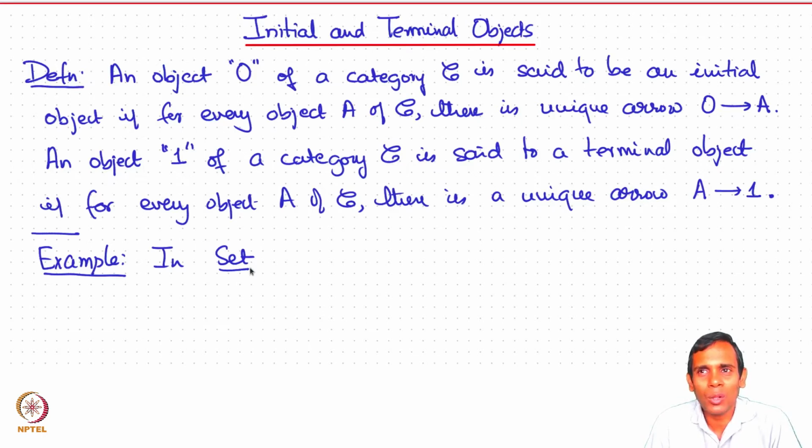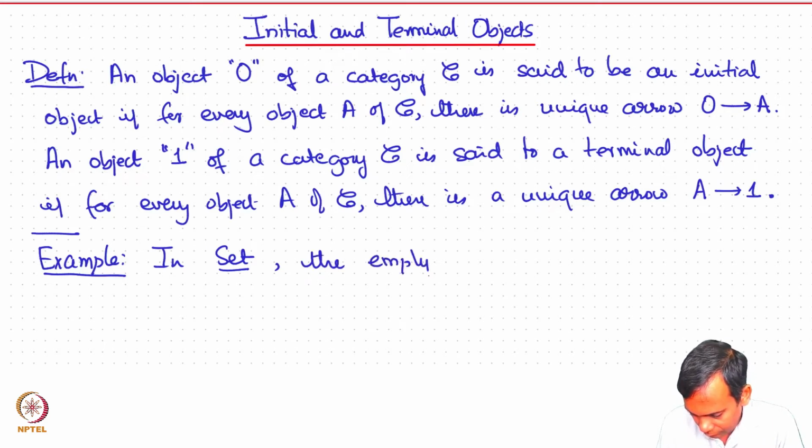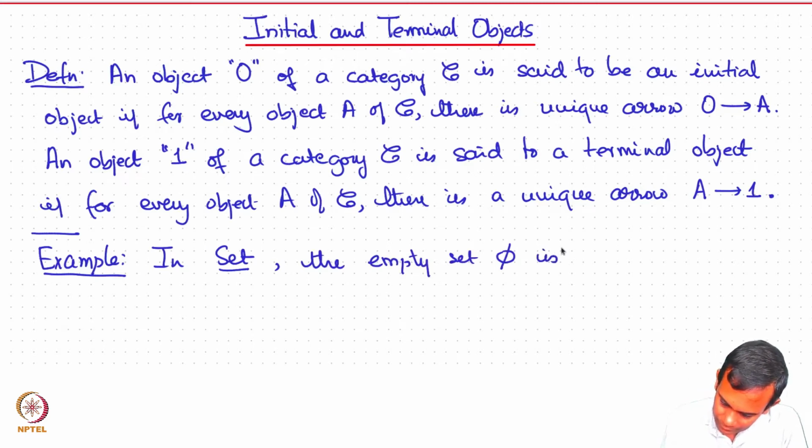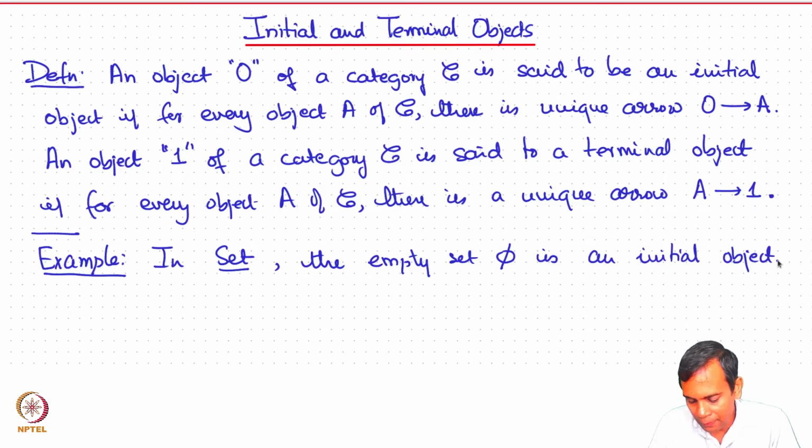And the only set that qualifies seems to be the empty set. It is an initial object. In fact, it's the only initial object. What is the function from the empty set to any set? It's the empty function. Its domain is empty, so you don't really need to define its values at all. And that's the empty function.